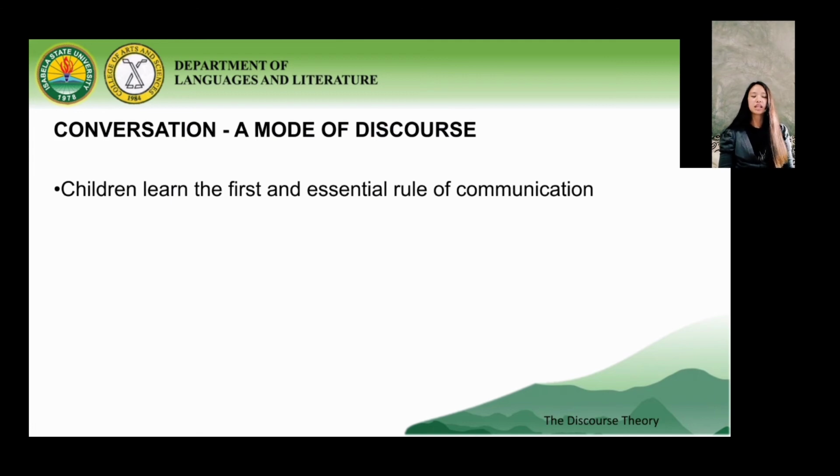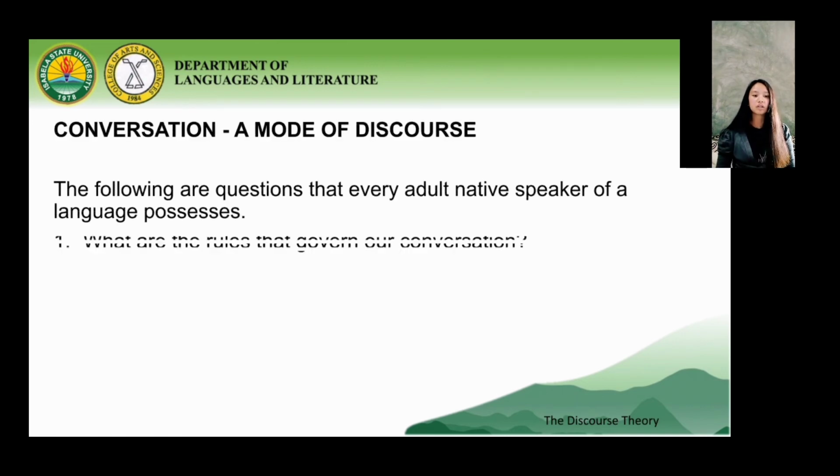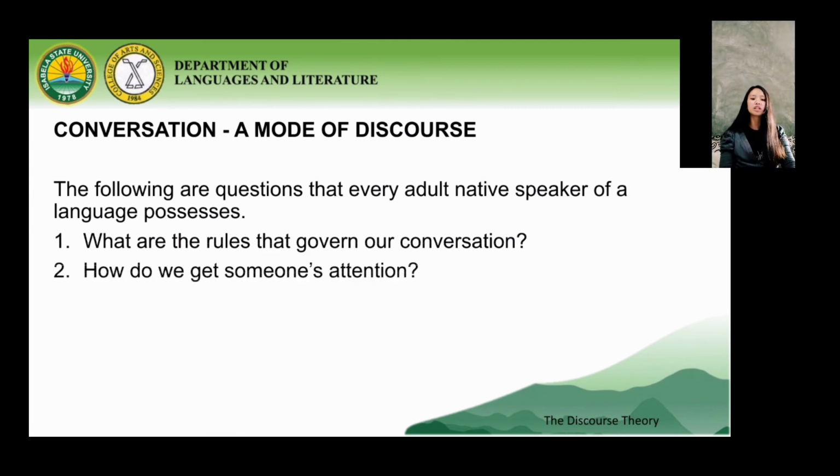Children learn the first and essential rule of communication by attention getting. So the attention getting conventions, both verbal and non-verbal, need to be carefully assimilated by learners. The following are questions that every adult native speaker of a language can answer. First, what are the rules that govern our conversations?